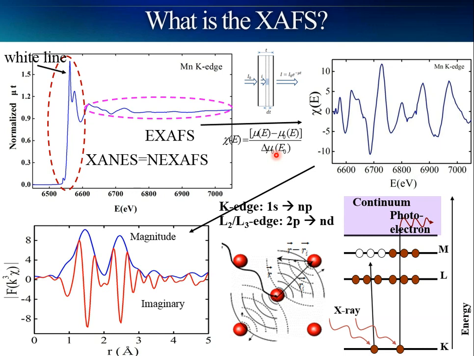To be convenient, we can change chi of E to chi of k, where k is the wave number, and it is transformed into chi of R, like that. The transformed chi of R is understandable to you, right?